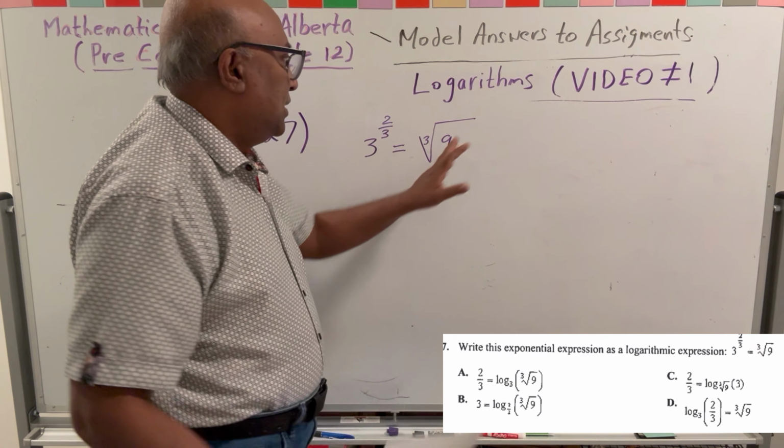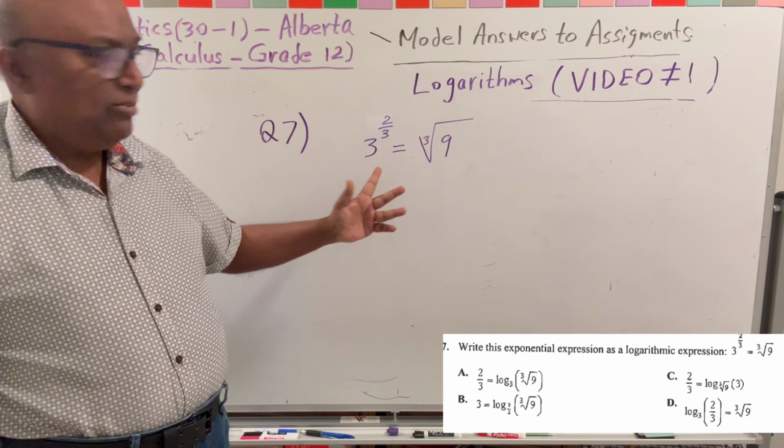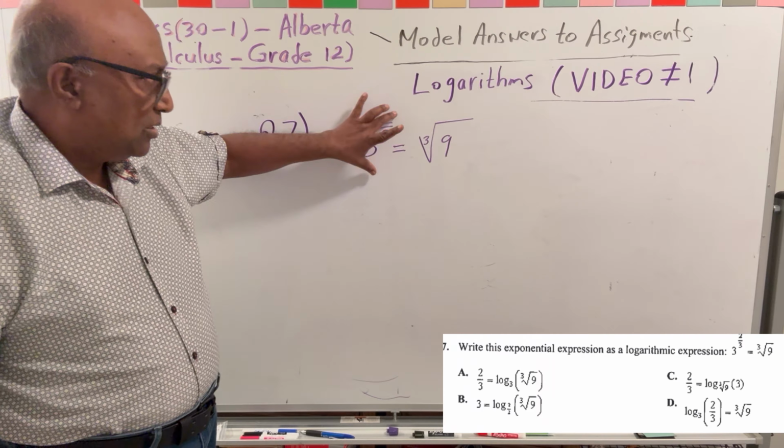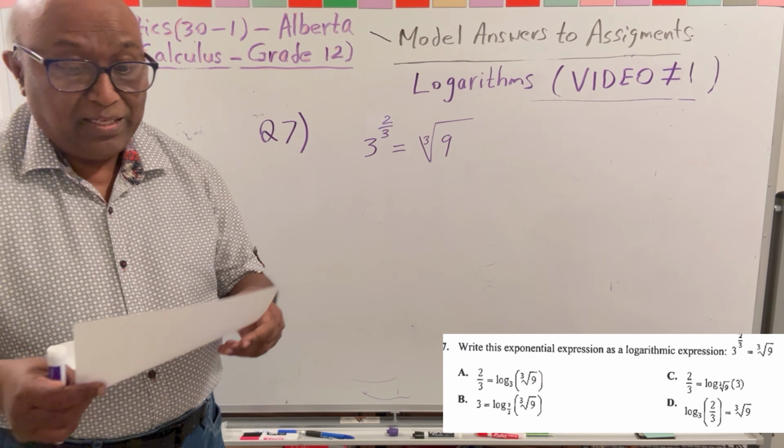This is a true expression. We don't have to examine it. They are not going to give a wrong expression. This is equal to this. We don't have to investigate that, okay?